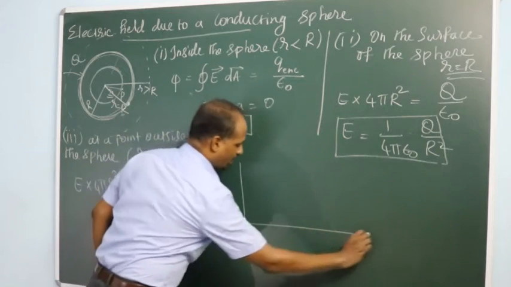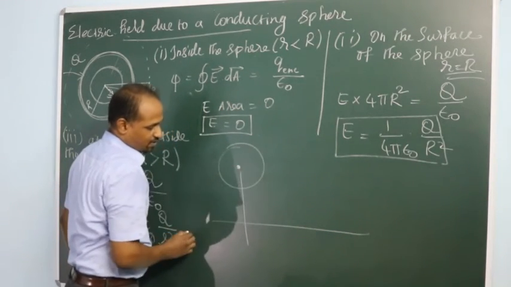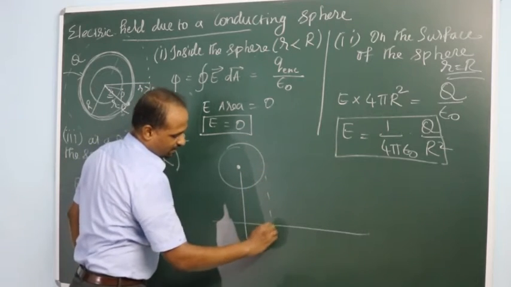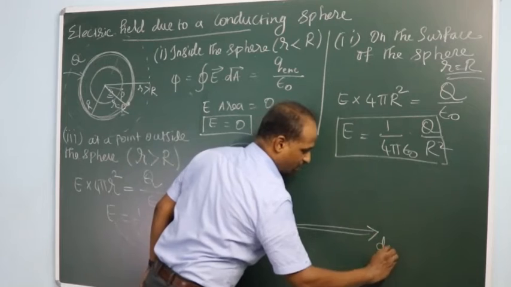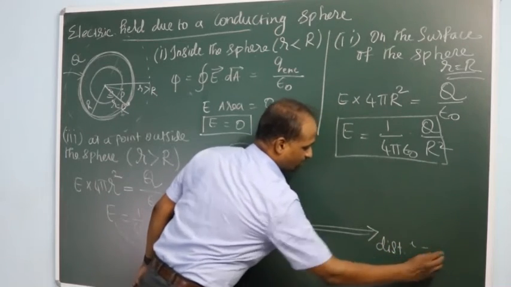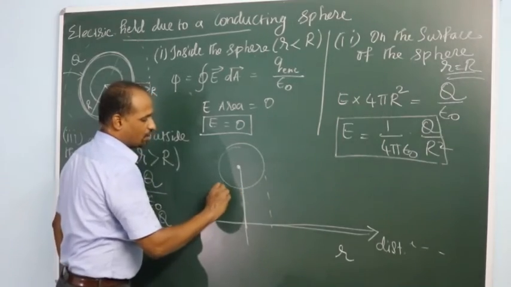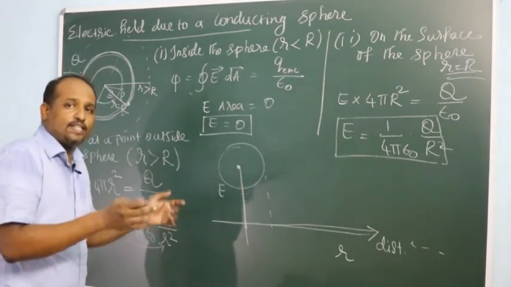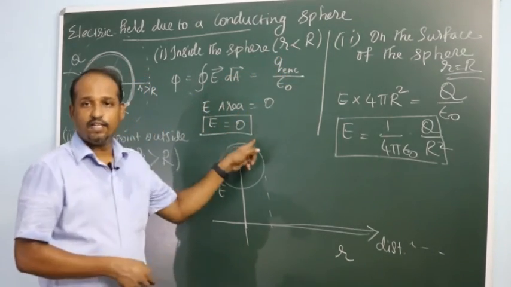Suppose this is a sphere, this is the center of the sphere, and this is the radius R. Suppose you take the distance from the center of the sphere on the x-axis, and the electric field on the y-axis. At all points inside the sphere, when r is less than R, the electric field is 0.